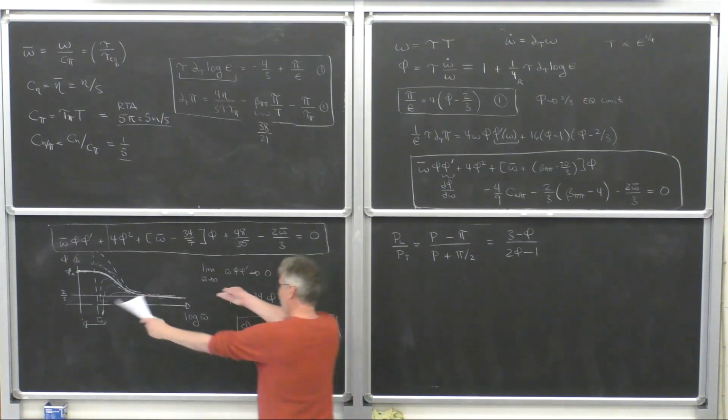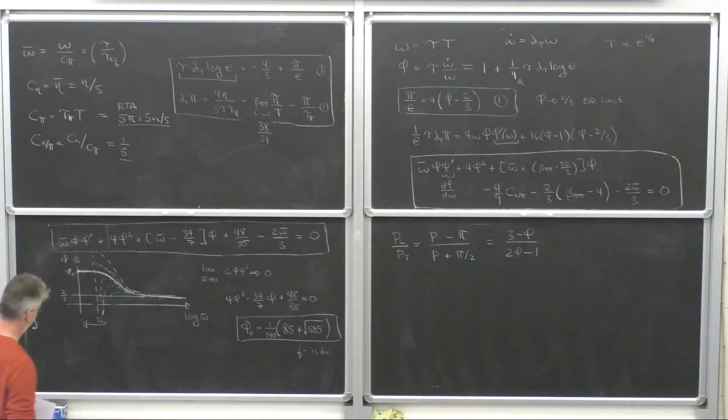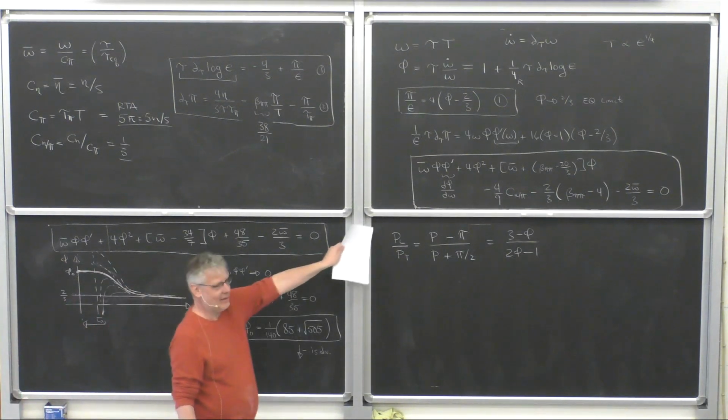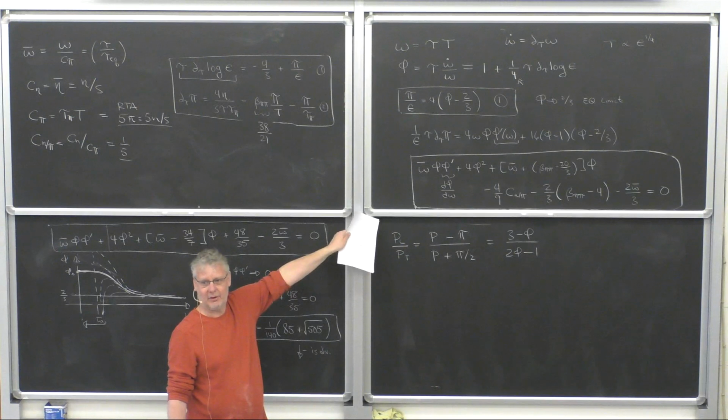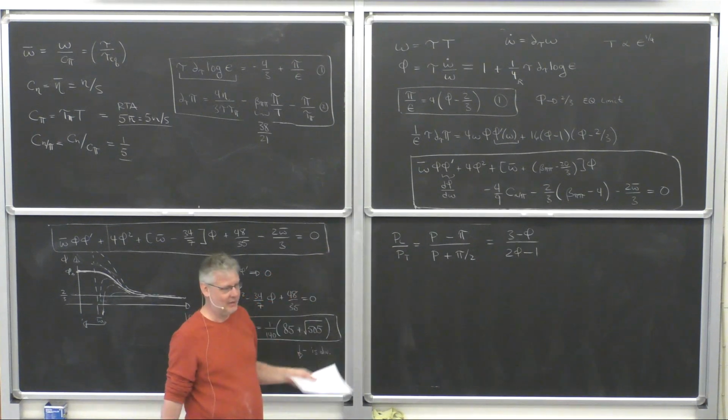And now instead of plotting in this sort of hard to interpret variable, we can plot the attractor in terms of PL over PT, which we have some intuition for.